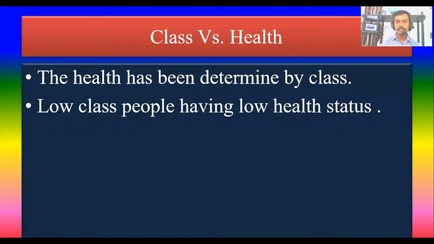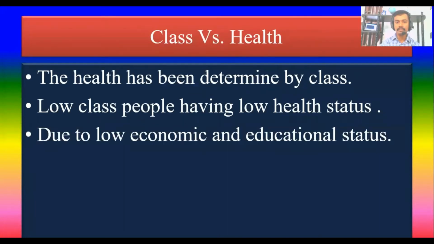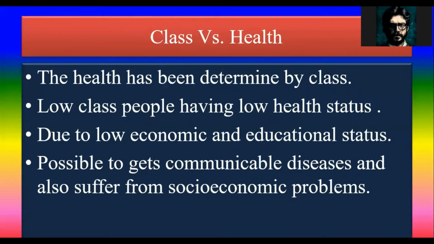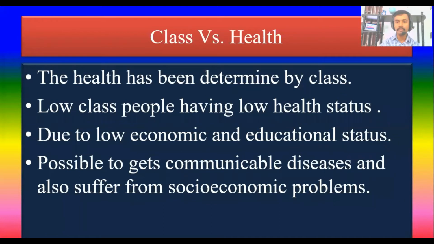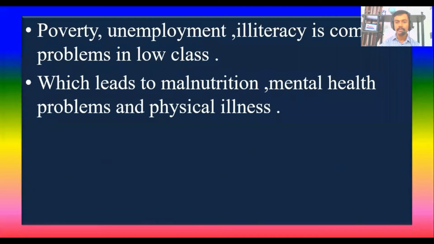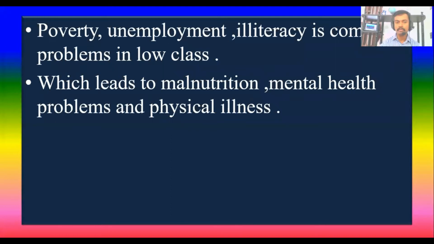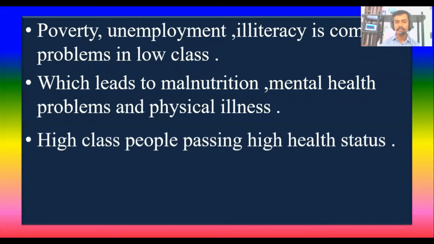Low class people have low health status due to low economic and educational status, are more likely to get communicable diseases, and also suffer from socio-economic problems. Poverty, unemployment and illiteracy are common problems in the low class, which lead to malnutrition, mental health problems and physical illness.